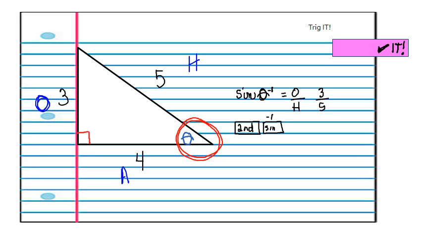And then we're just going to put the fraction in, 3 over 5, or 3 divided by 5. And we find that our target angle is 36.9. Just round it off there.